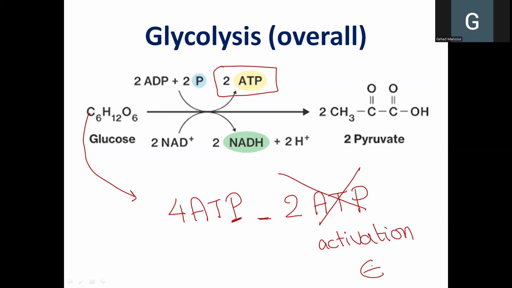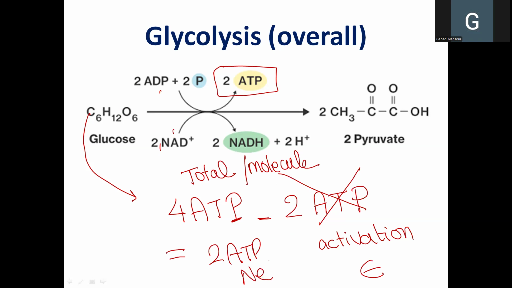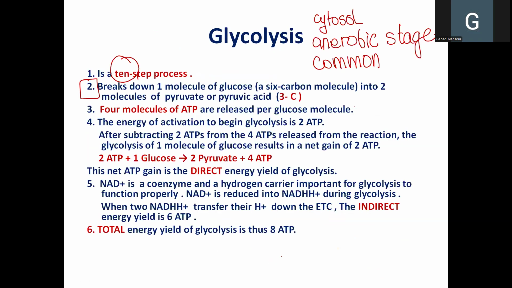So therefore, the 4 ATP is the total energy that is released from one glucose molecule, the total energy that is released per glucose molecule. But 2 ATPs is the net ATP molecule number obtained.